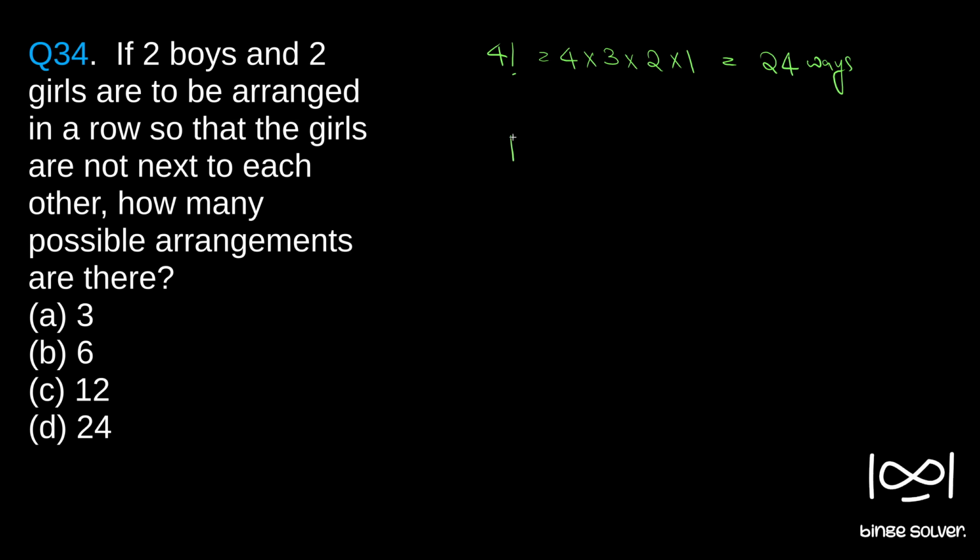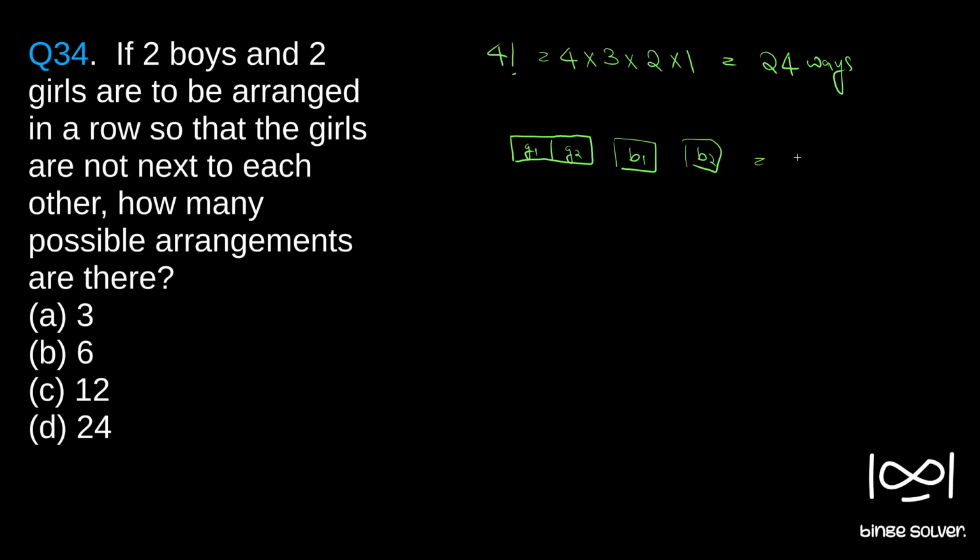So we will just assume they are sitting next to each other, G1 and G2, and there are 2 boys, B1, B2. So we will assume these people are sitting next to each other, and we will arrange these 3 people in different manner, so that in each arrangement G1 and G2 are sitting next to each other.